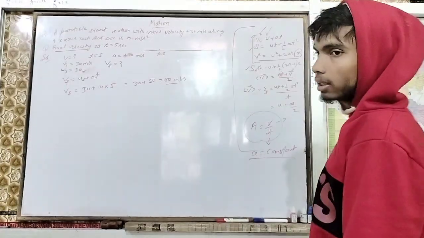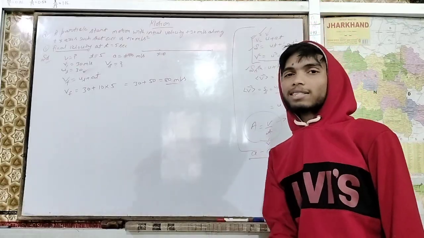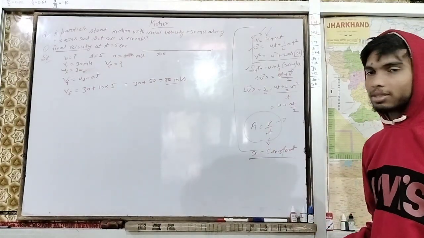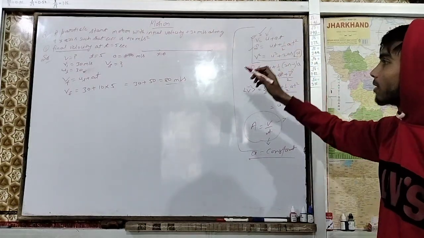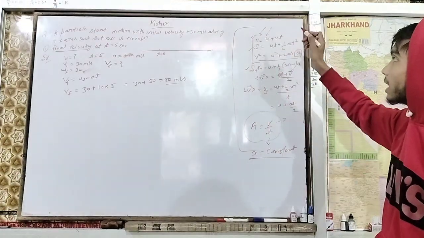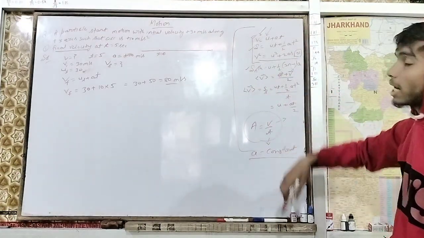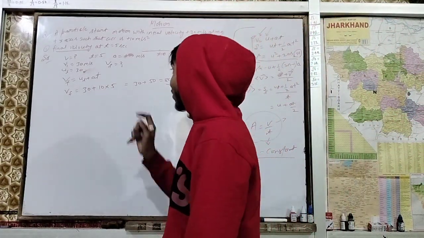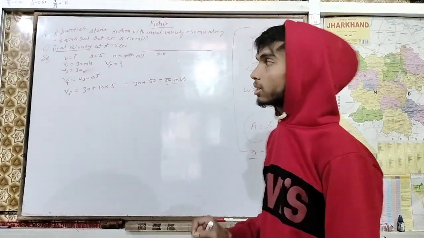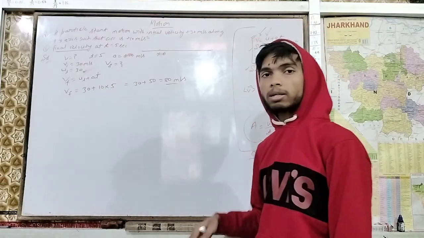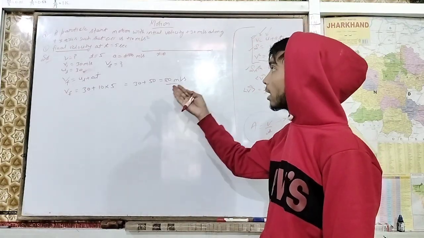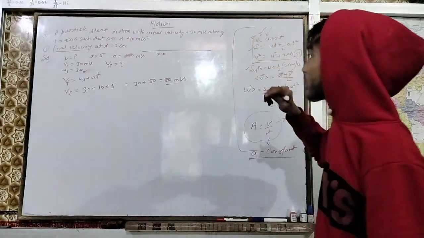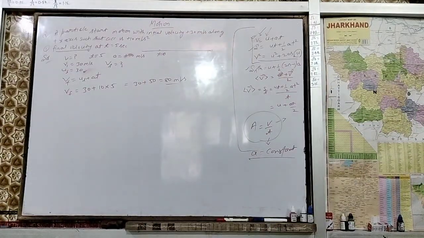Remember, we are in the discussion of acceleration. We are using the acceleration equation. So v is our final velocity and u is our initial velocity. We have to calculate final velocity, so we found this final velocity with the help of the first equation of motion.